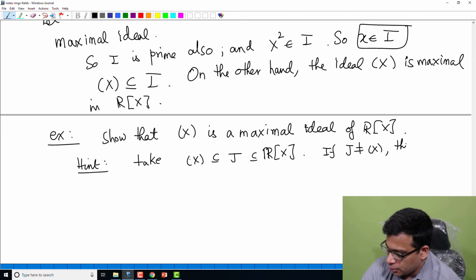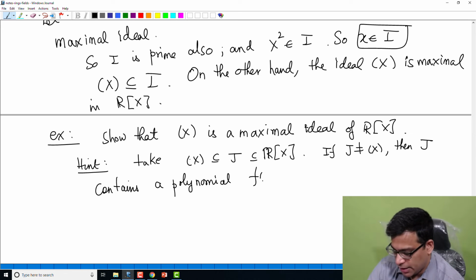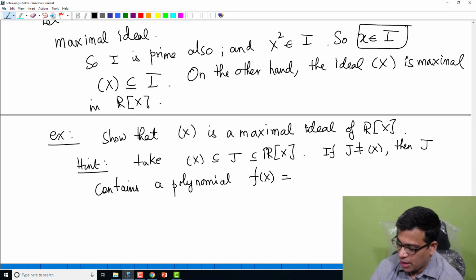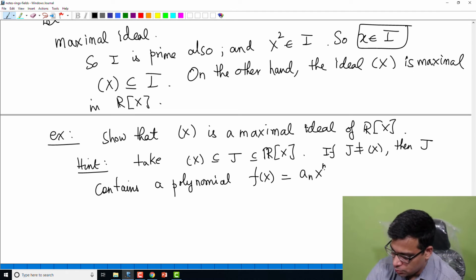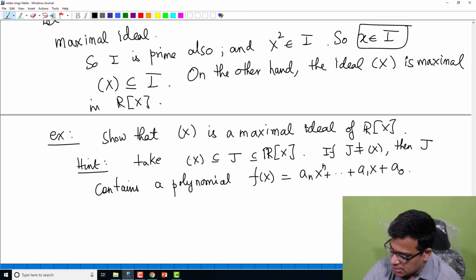then J contains a polynomial, let us say f(x). Remember, R[x] is the polynomial ring. So these are polynomials in one variable x. So I claim J contains a polynomial of the form a_n x^n + a_{n-1} x^{n-1} + ... + a_1 x + a_0, and a_0 is not 0.